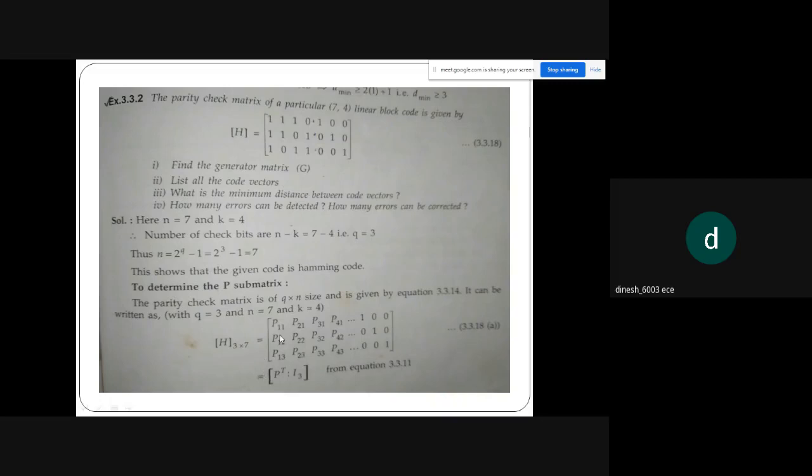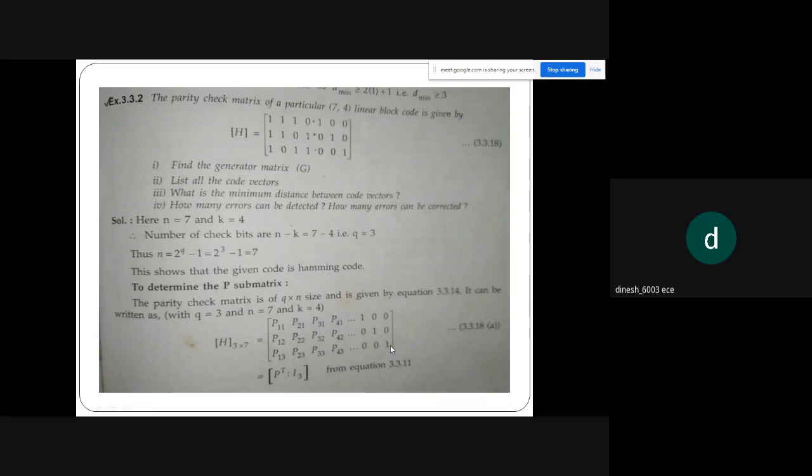We get the matrix as P transpose: P11, P21, P31, P41, P12, P22, P32, P42, P13, P23, P33, P43, and the remaining is the identity matrix 1 0 0, 0 1 0, 0 0 1.